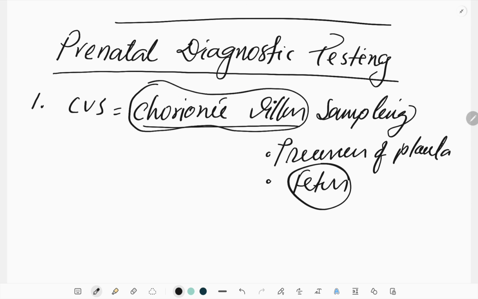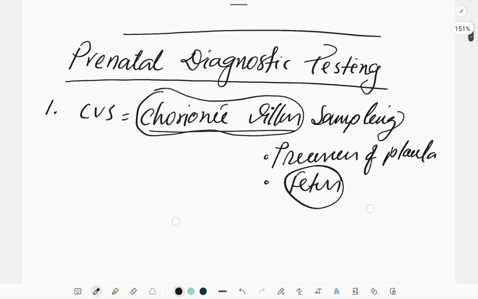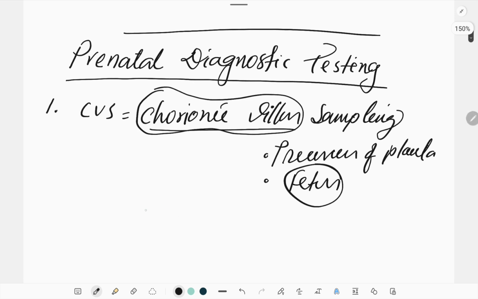So it is the number one important investigation, and it can be done around 10 to 12 weeks of gestation.